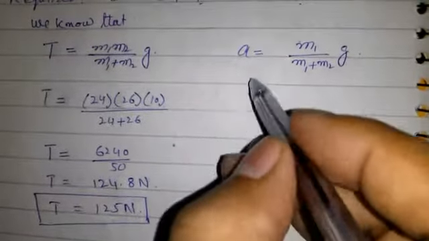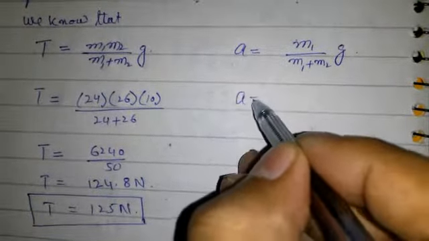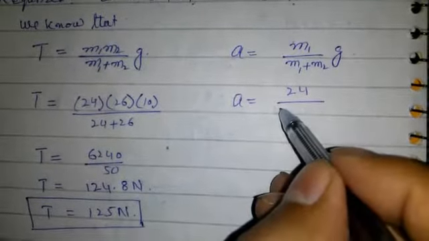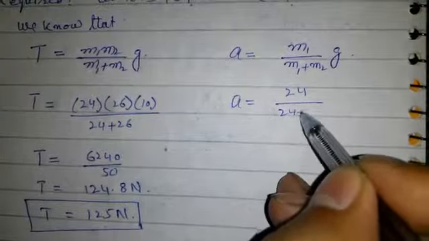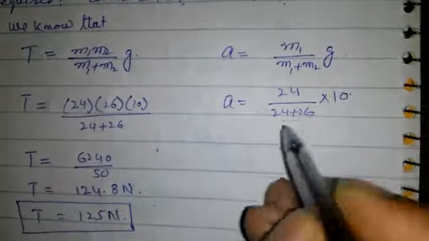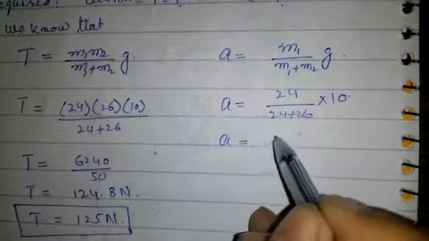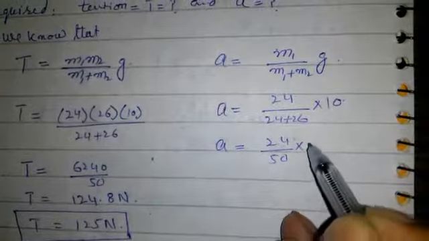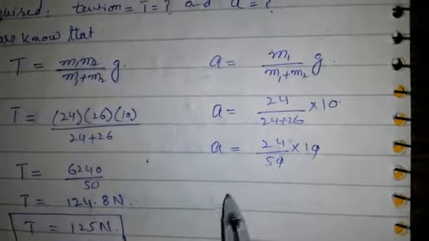Now calculate the acceleration. A is equal to 24 over 24 plus 26 into 10. 24 over 50 into 10.